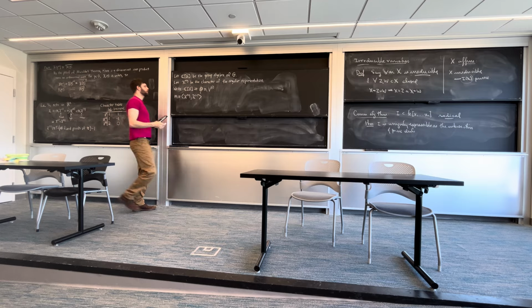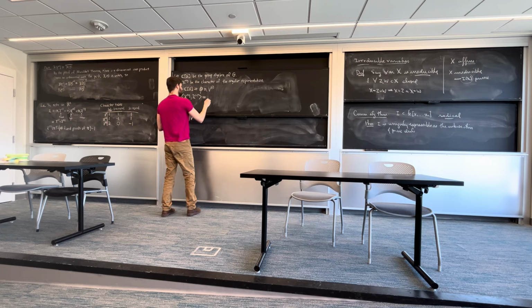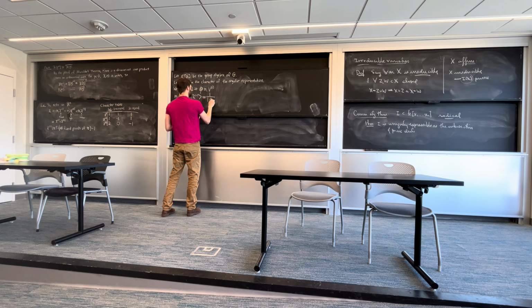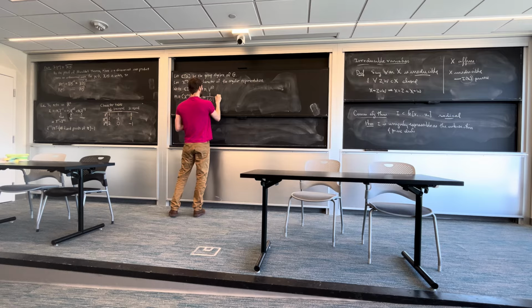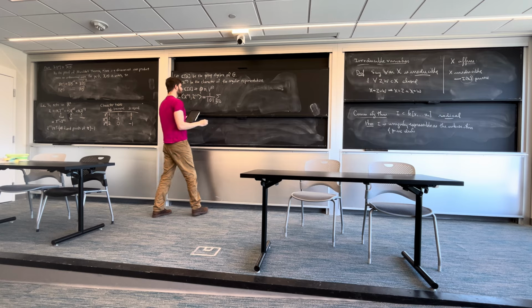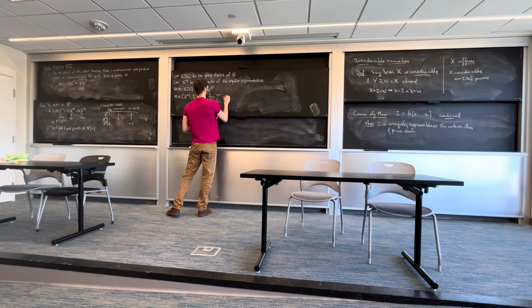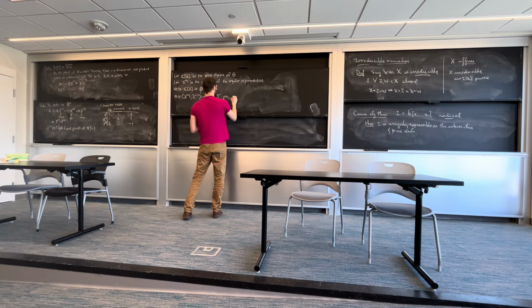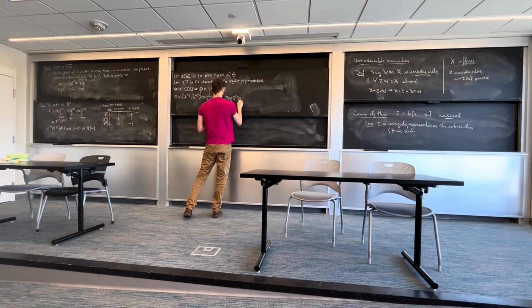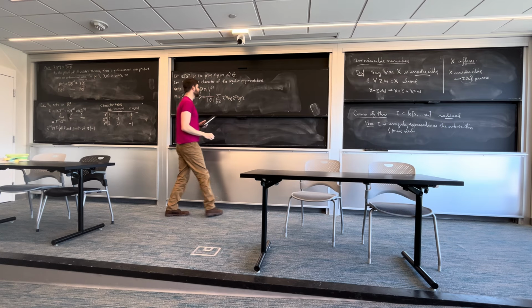And we can write out what this actually is. This is just 1 over the size of the group, and then the sum over g in G of chi reg of g times chi_i of g inverse.